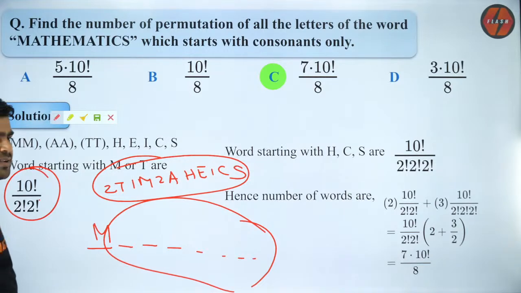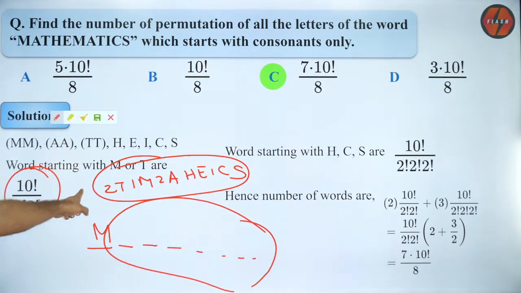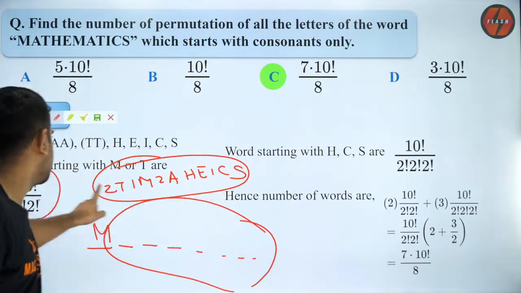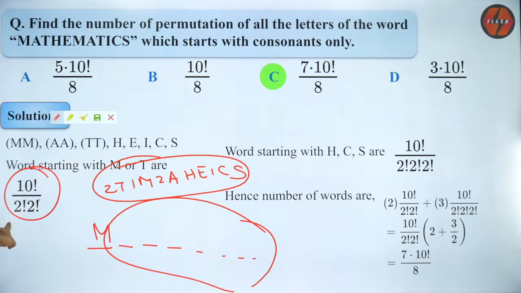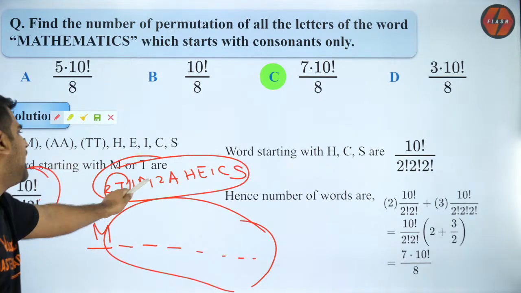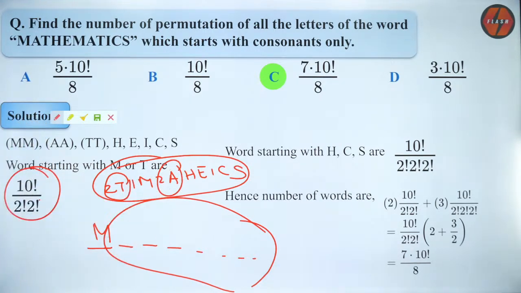Did you understand it, Asim? Because if you count all of this, it will be 10. So that will be 10 factorial by 2 factorial because there are 2 T's and 2 A's. That is why we divide by 2 factorial. Got it? Are you able to understand now? I hope it is clear.